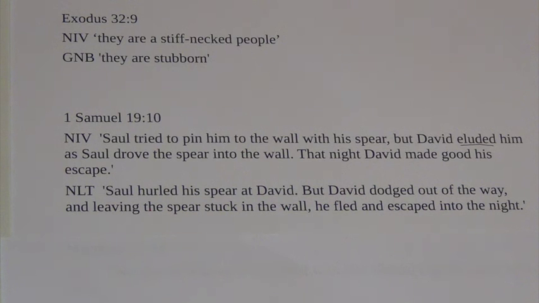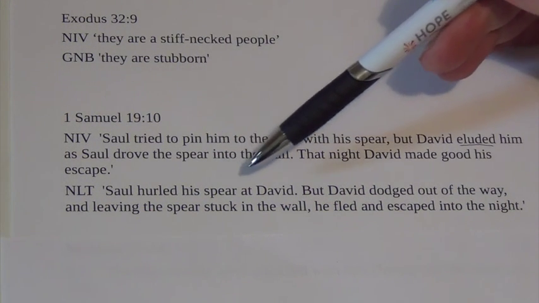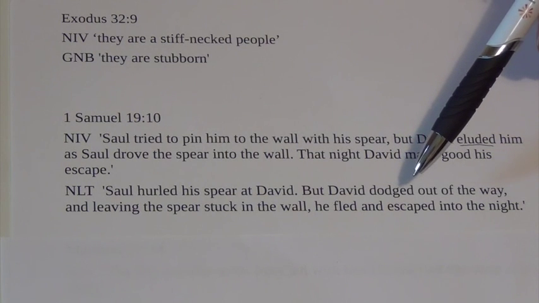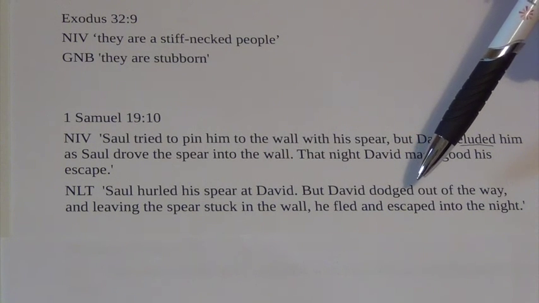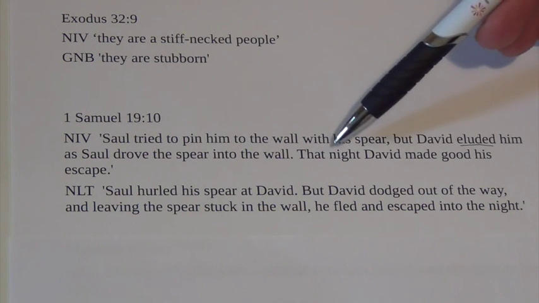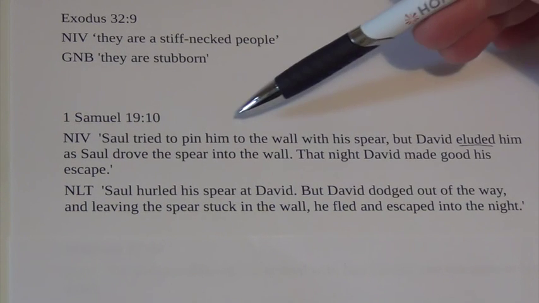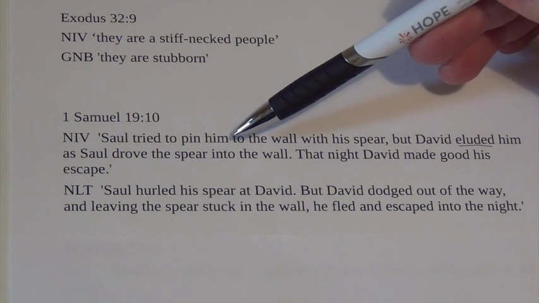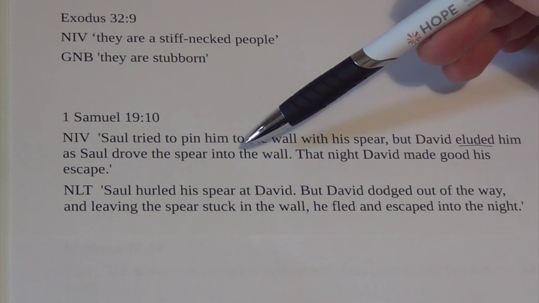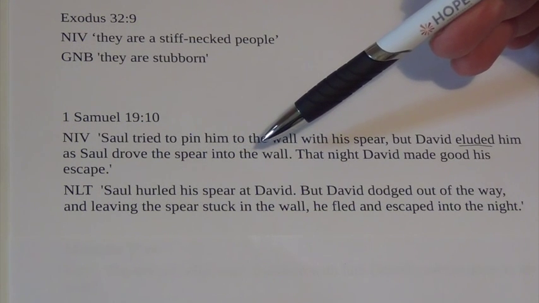I would personally go a little bit further. Saul hurled his spear at David. David ducked, and the spear thudded into the wall. That's just getting the action a little bit better. But maybe you think I'm being a bit harsh, but to me, this makes it look a little bit like it all happened in a book, or all happened in a stained glass window.